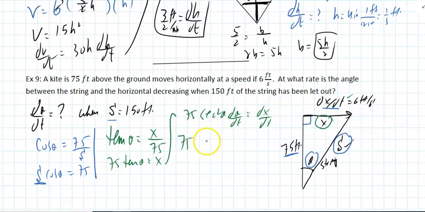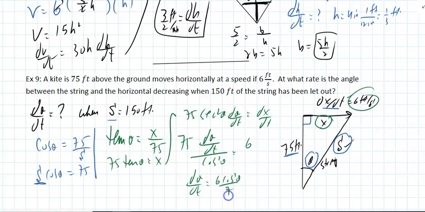So 75 dθ/dt over cosine squared of theta equals dx/dt, which is 6. So dθ/dt equals 6 times cosine squared of theta over 75. And what's the cosine? Well, if I make this 150 and this 75, isn't the cosine of theta the adjacent over the hypotenuse, squared? The units are radians per second.